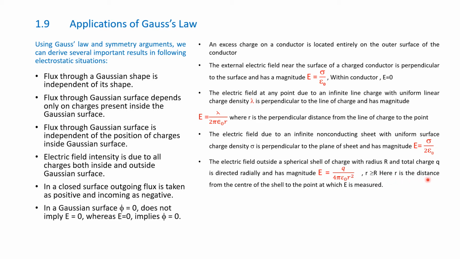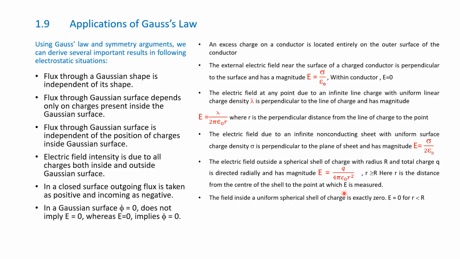Here r is the distance from the center of the shell to the point at which E is measured. So these are the cases of flux densities: linear flux density, surface flux density and volume flux density. All these specific cases we will examine in our next examples.